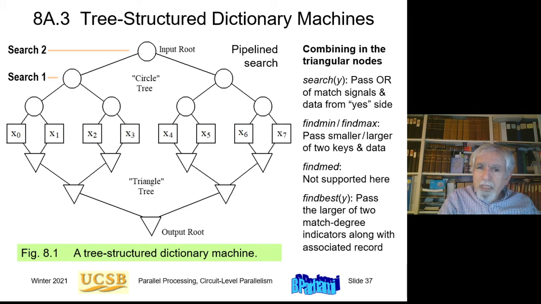So 2 log n clock cycles are needed for that search to complete. However, every subsequent search can be initiated 1 clock cycle after the previous one. So if I have a large number of searches to perform, then ignoring the initial delay through the tree, I will be doing 1 search on every clock cycle, roughly.